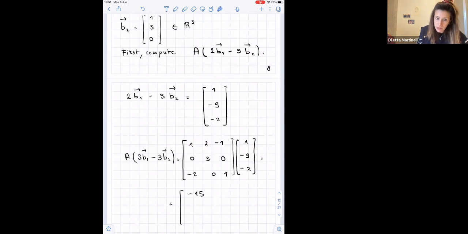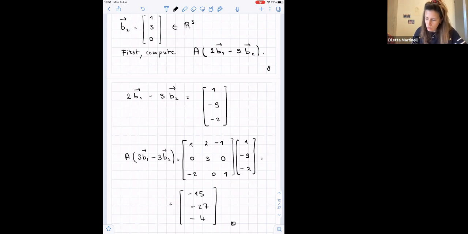Then we get 3 times minus 9, so minus 27, because the rest are 0. And in the end, we get minus 2 times 1, so minus 2, 0, and again a minus 2. So it's minus 4. Great. So that's the first result that we got.